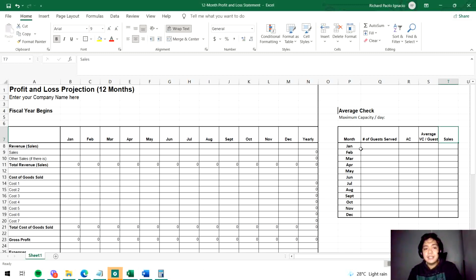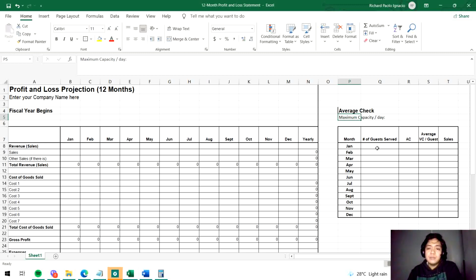First, we have discussed in operations management that we have capacity. We have here yung capacity na kaya nating i-serve or kaya nating accommodate sa ating establishment. We have yung design capacity and we have yung effective capacity.